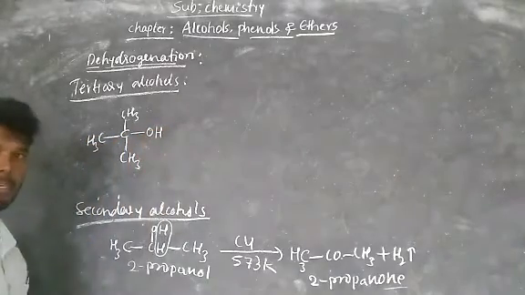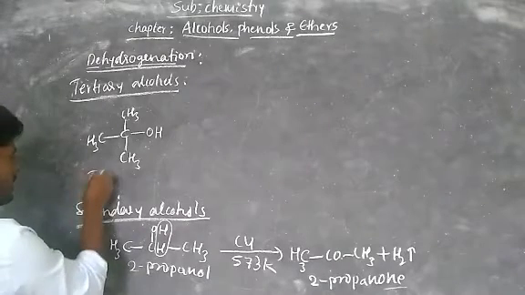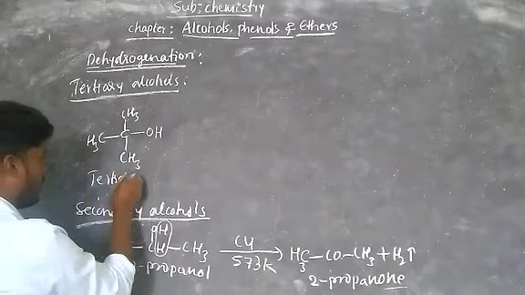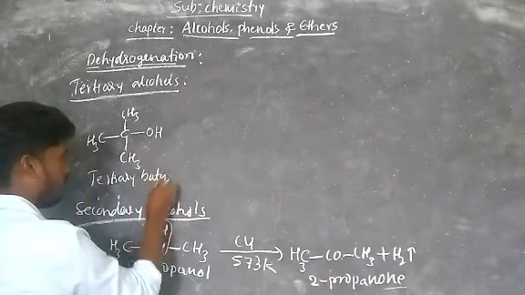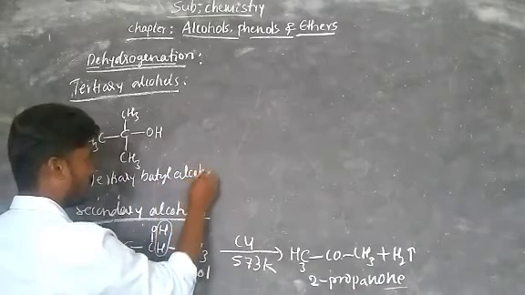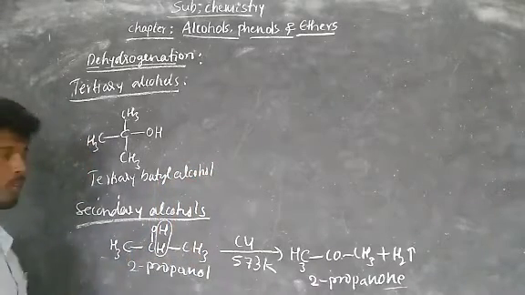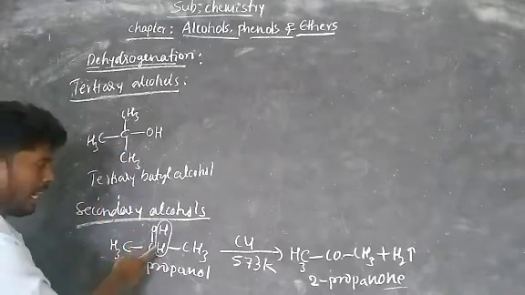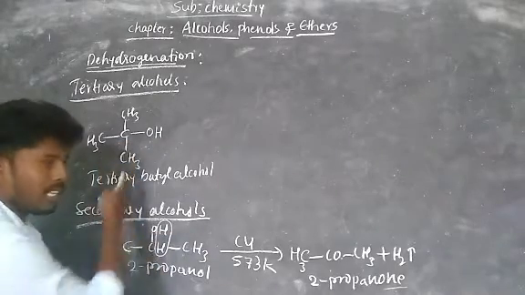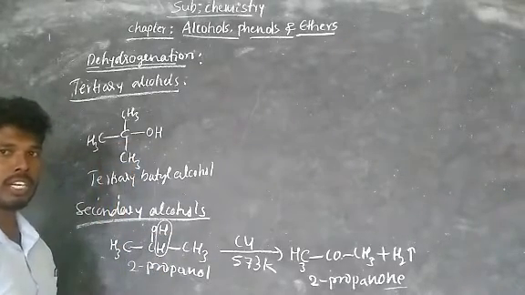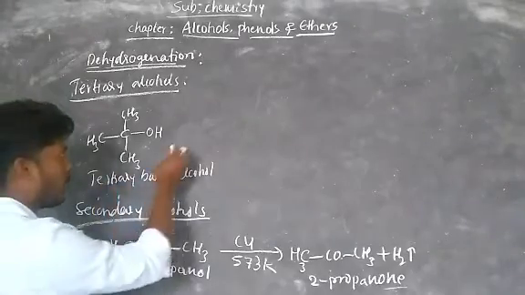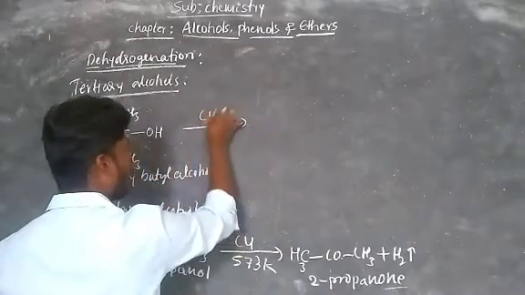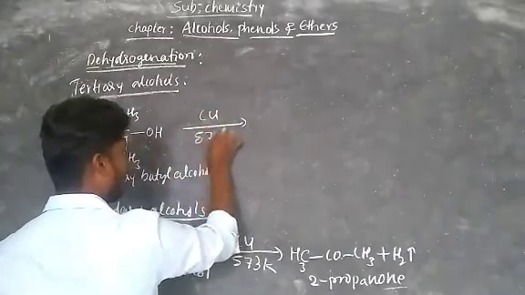Okay, this is tertiary butyl alcohol, right? Now this tertiary butyl alcohol means that the OH group is attached to a carbon without any hydrogen. So we call it tertiary alcohol. Now this tertiary alcohol is treated with copper at 573 Kelvin.